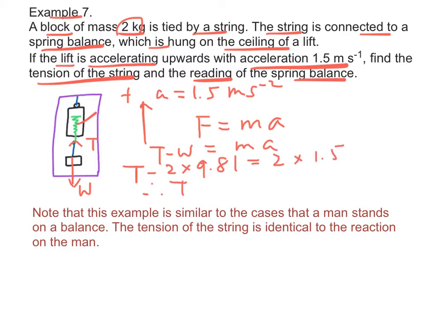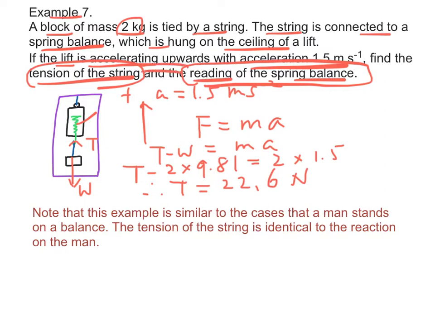Therefore, tension of the string equal to 22.6 newtons. Since the tension of the string is equal to the reading of the spring balance, the reading of the spring balance is also equal to T, which is equal to 22.6 newtons.